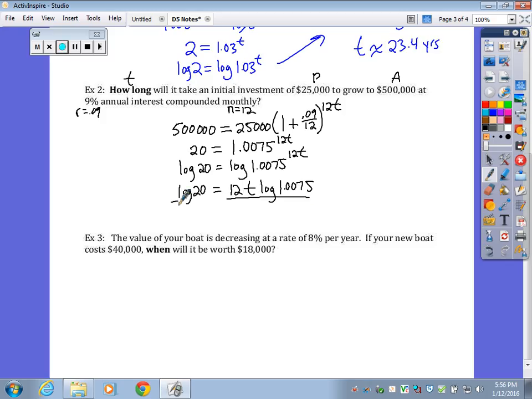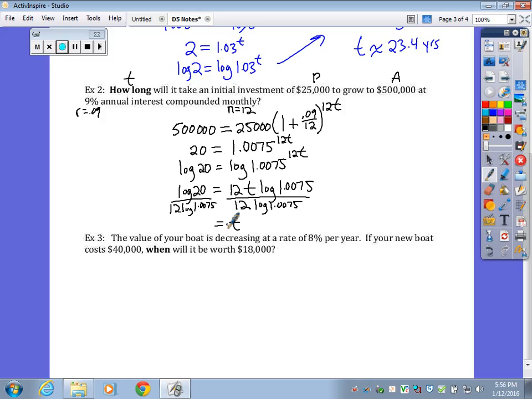So you can divide by the 12 and divide by the log 1.0075. That's just a number. I don't know what it is, but my t is being multiplied by it, so I divide by it. I do that on both sides, and that will allow me to figure out t.